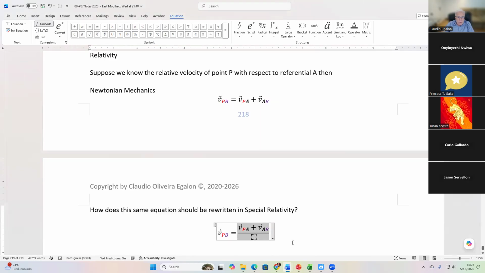This is the correction term for relativity.